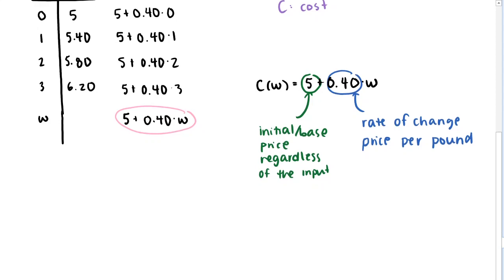And notice, one thing I really want to point out is that the rate of change, in the past we talked about average rates of change. We looked at functions that were sort of varying quite a bit. And when we computed the average rate of change of these functions, sometimes they ended up different depending on the intervals we used, the intervals of our input that we looked at.